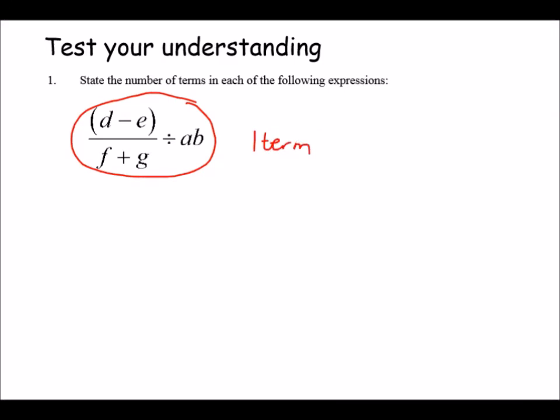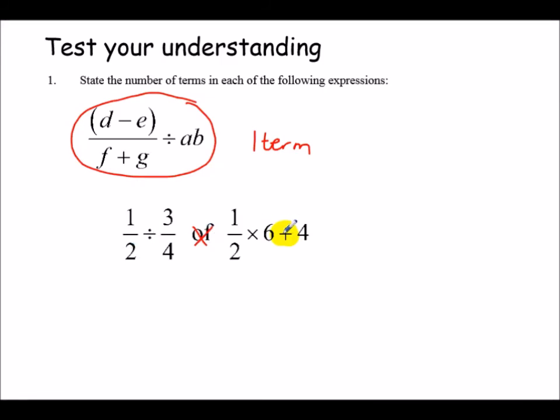Let's look at the next one. Well, in this one, I have 1 plus sign. So how many terms do we have here? Of means multiply.